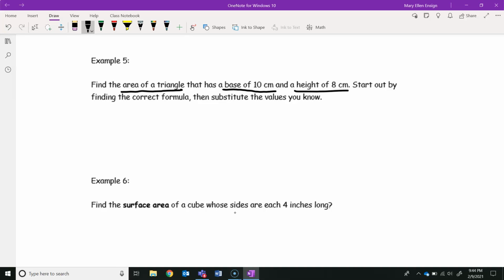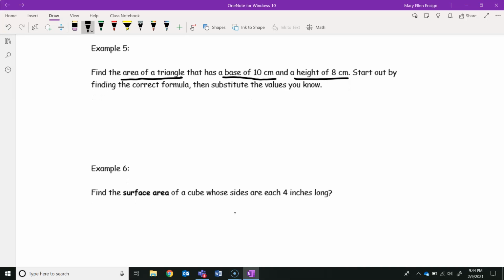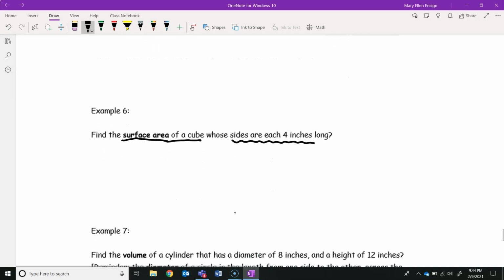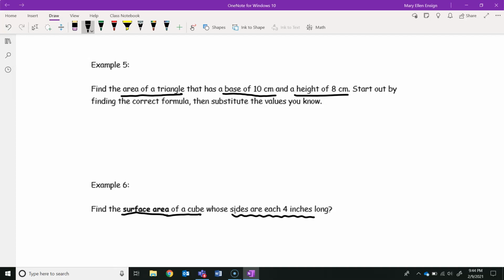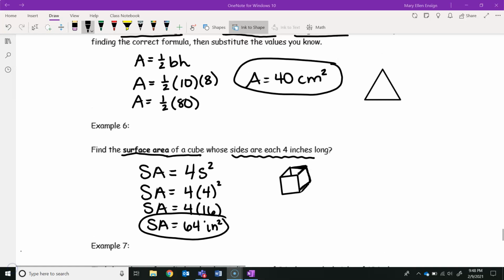So you're going to substitute those in. Same idea here: surface area of a cube whose sides are 4 inches long. So you want to find the formula that talks about surface area of a cube. And then the information you're given is that the sides are 4 inches long. So go ahead and pause the video, try those two, and then come back and check your answers.